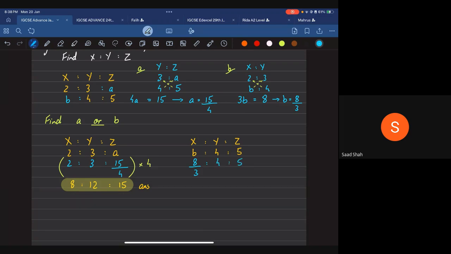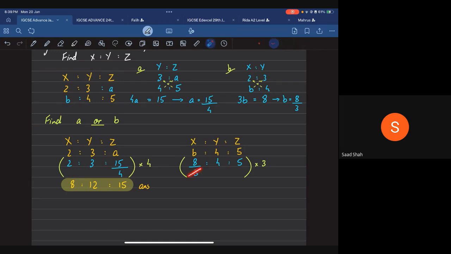Now, again, we're at the same instance where you're supposed to multiply with such a number so that the decimal and the fraction goes away. So this time around, I can simply multiply with 3.